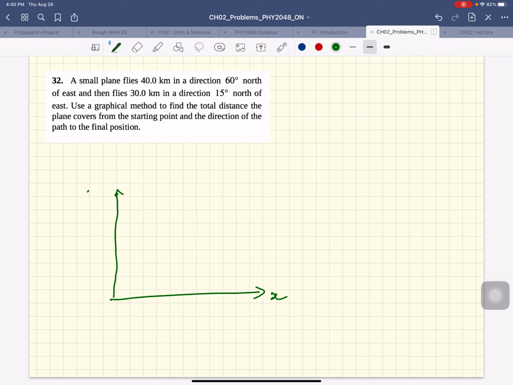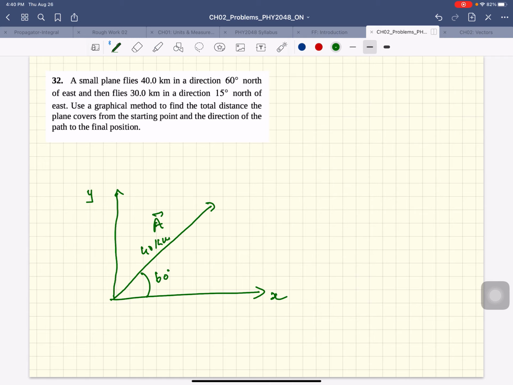So, of course, you want to draw nice diagrams. This is east, 60 degrees north of east. So 40 kilometers, we'll call this vector A, 40 kilometers, and this is 60 degrees.